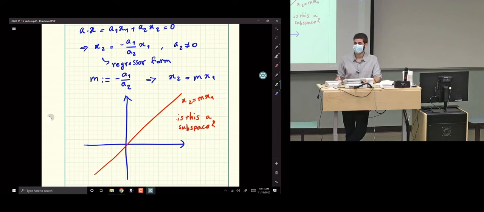What was the subspace? We refer to the definition. The subspace must include the origin. Well, it does. When x1 is 0, the other one is 0. And the second condition was that any linear combination of elements of this set, of points, is also in that set, meaning it's closed under linear combinations.